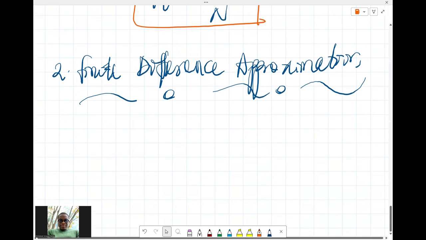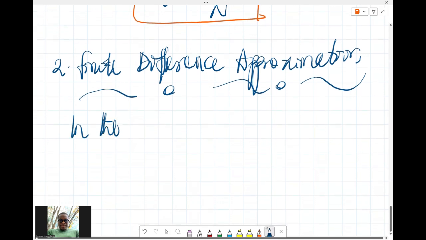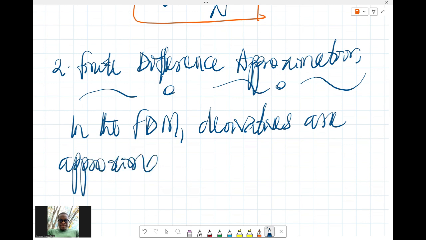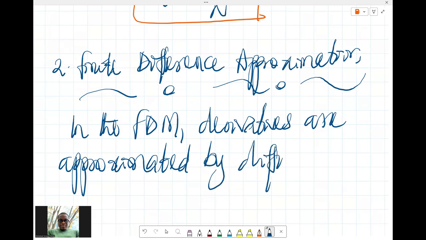In the finite difference method, derivatives, like we already know, are approximated by difference quotients.